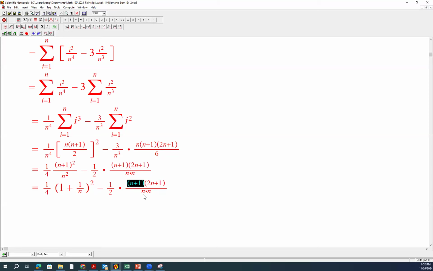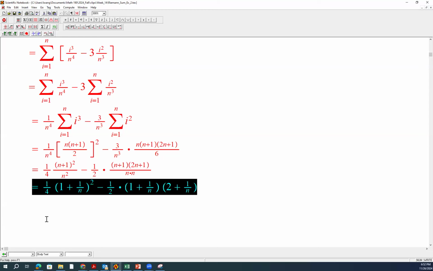So n plus 1 divided by n will be replaced by 1 plus 1 over n, and this piece will be replaced by 2 plus 1 over n. We've done this so many times. If you need more explanation, please let me know. I think I can finish this in a reasonable amount of time.